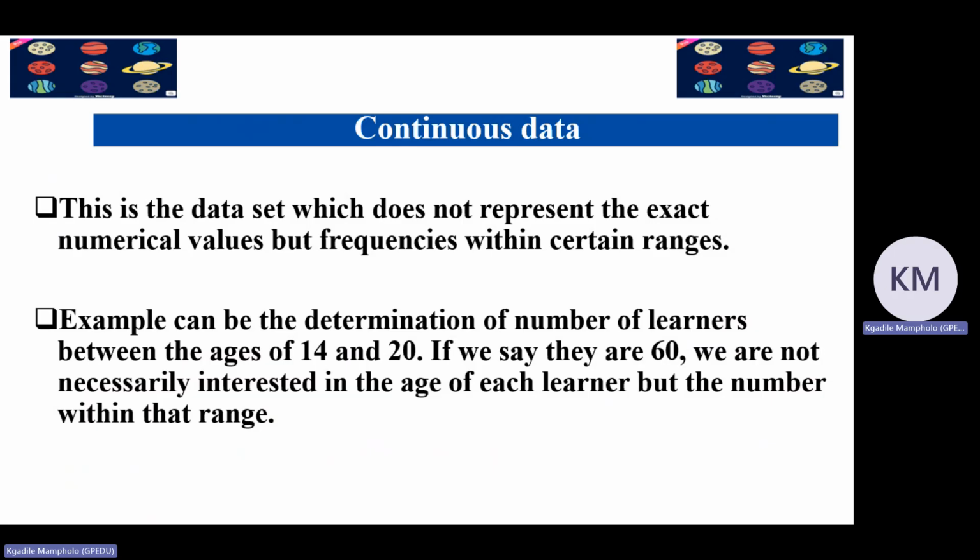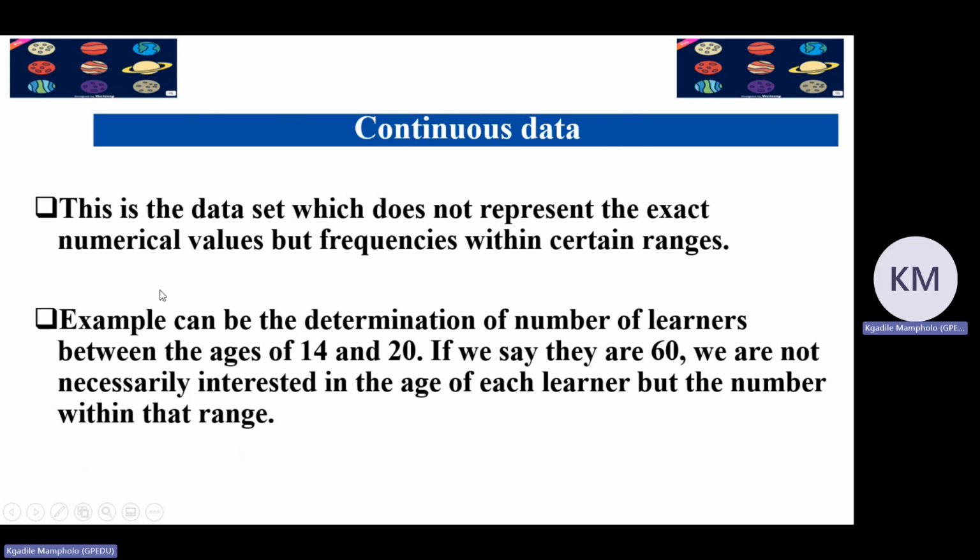When they raise up their hands, I find that maybe 10 or 11 of them are between the ages of 20 and 30. I don't exactly know their ages, but I know that the 11 parliamentarians are of the ages between 20 and 30. So I do the same, 30 and 40, they raise up their hands and I count the frequency.